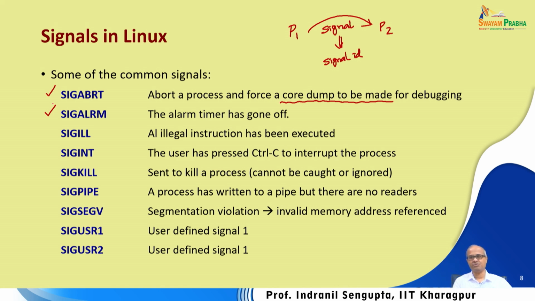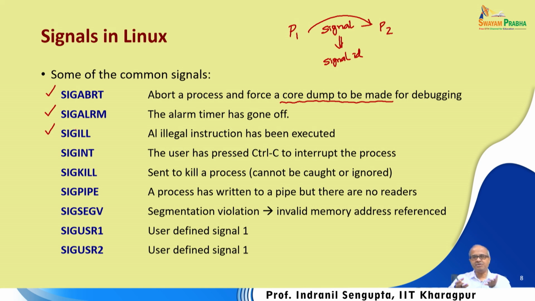Those are invalid codes. Suppose due to some reason there has been some corruption in the memory, and you are trying to execute an instruction which is an invalid instruction, then automatically the running program will generate an illegal instruction signal. It will be sent to the operating system. Okay.